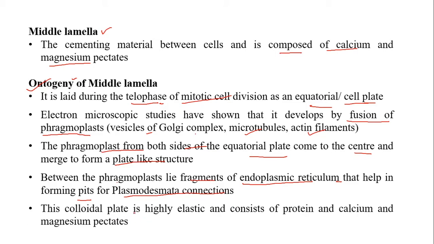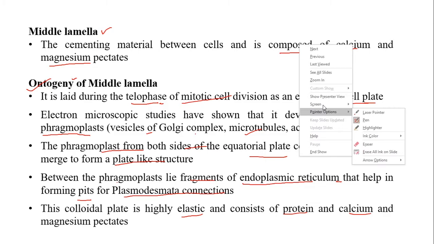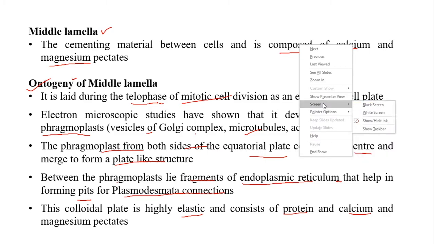This colloidal cell plate is highly elastic and has proteins and calcium and magnesium pectates. Now I'll explain with the help of a diagram. Let us see how the cell plate is formed.